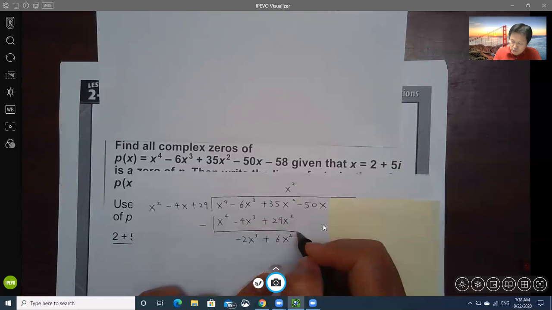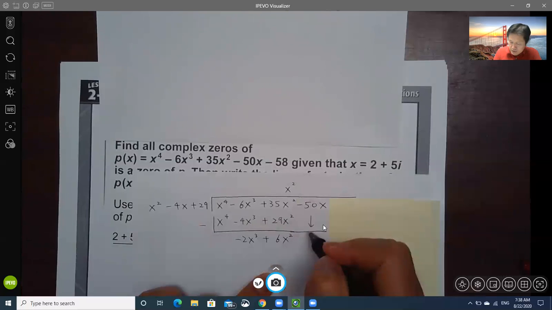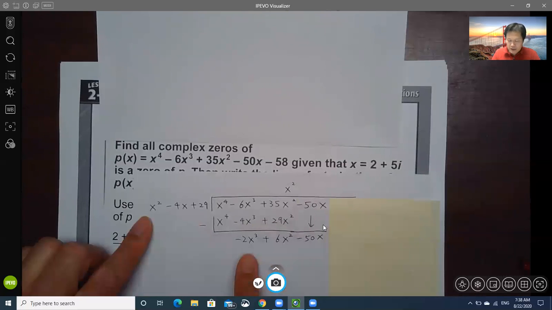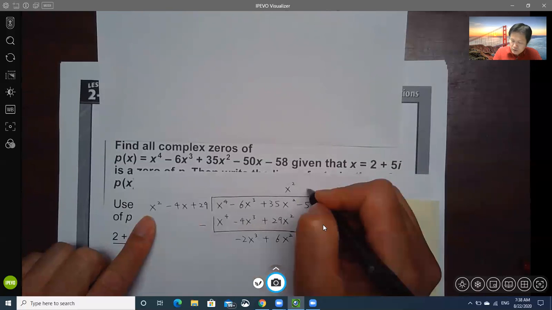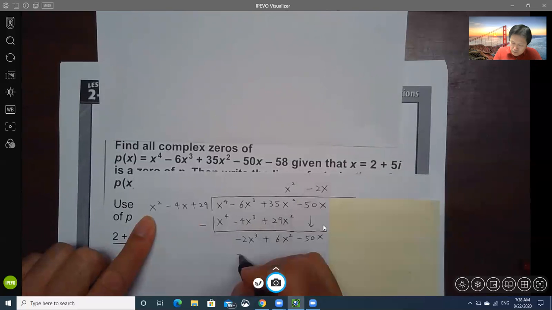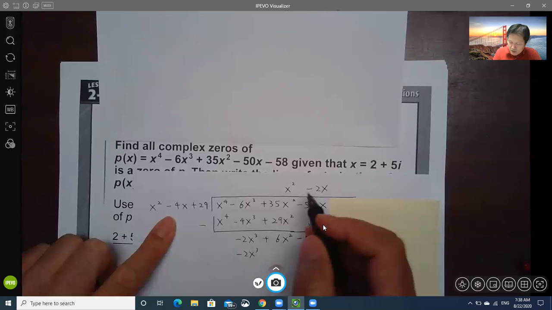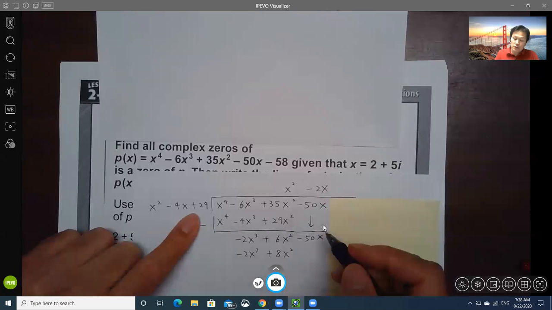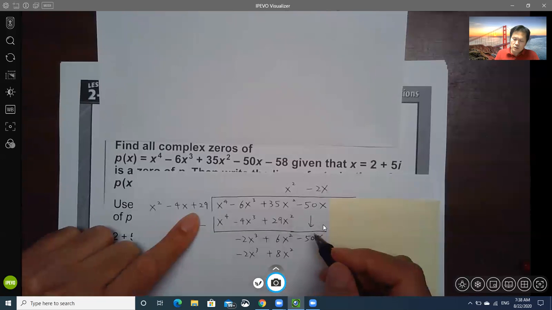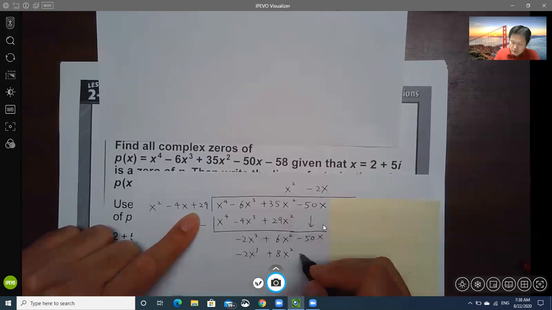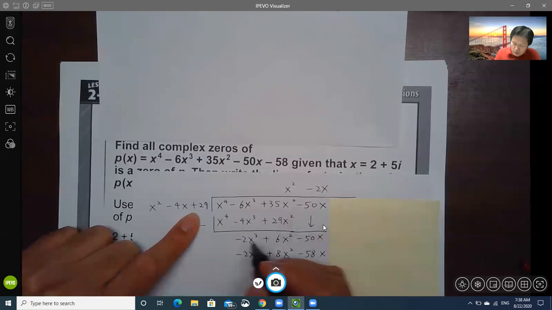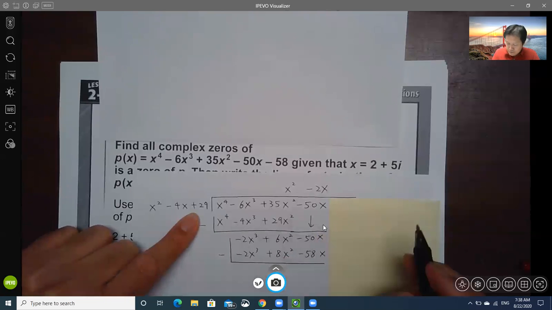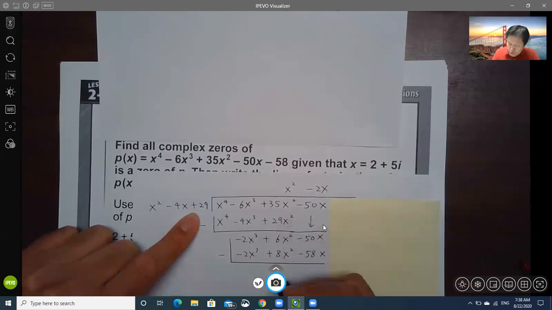Bring one term down, minus 50x. I need to multiply by minus 2x, distribute, minus 2x will be plus 8x squared minus 2. That's what we want, so minus 58x. Subtract minus 2x squared plus 8x.